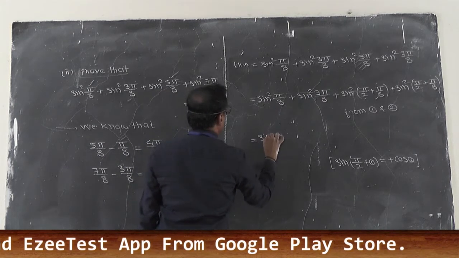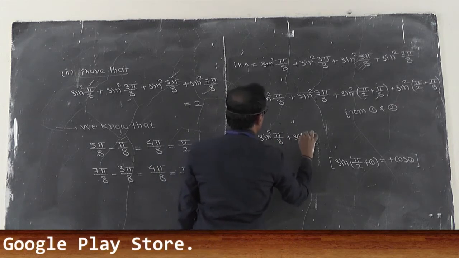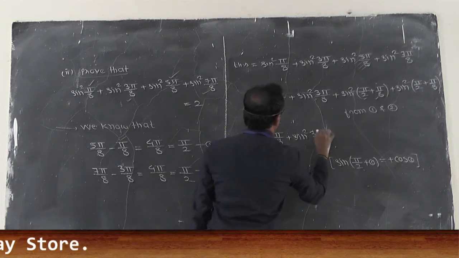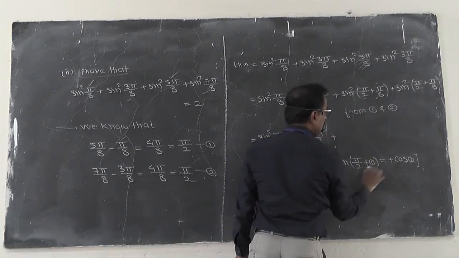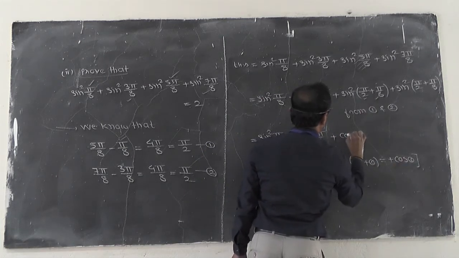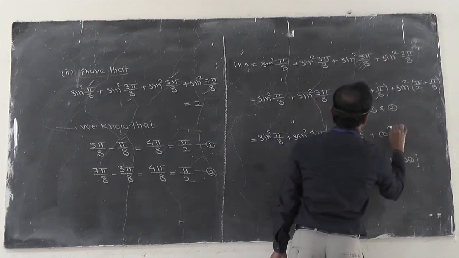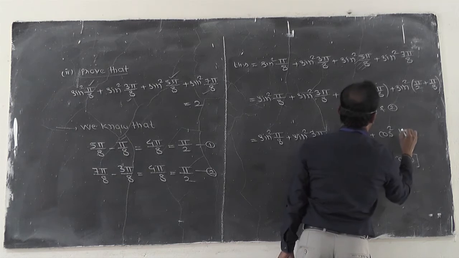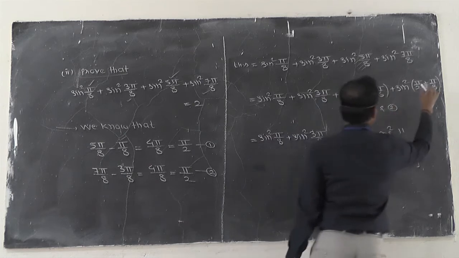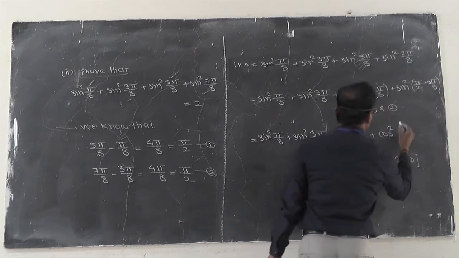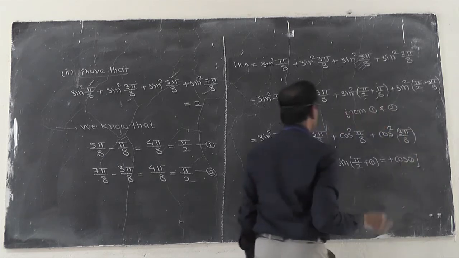Just we will quote here now. Here it is sine square pi by 8, this is sine square 3 pi by 8. Now sine of pi by 2 plus theta is equal to cos theta, so it is cos square pi by 8, and the very last is cos square of 3 pi by 8.